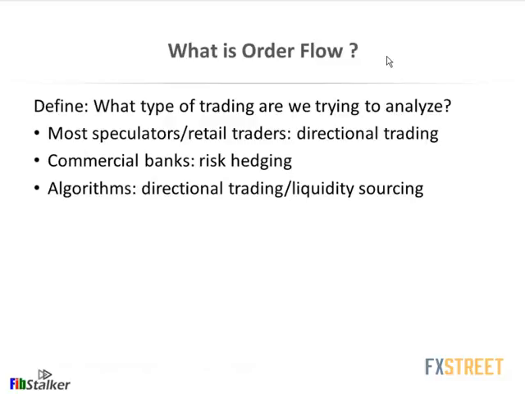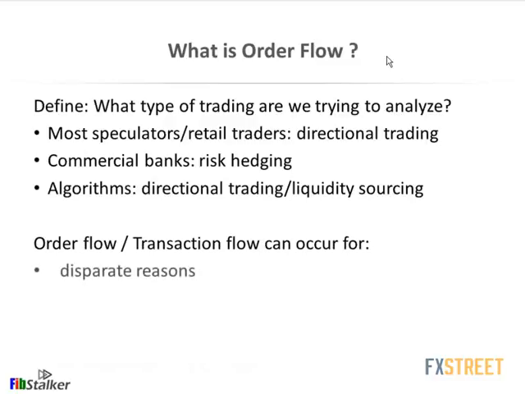And there are a lot of very short-term type of algorithms, like ETF, which mainly do liquidity sourcing. Liquidity sourcing is also needed by institutions to execute large orders. So an order flow is really a flow of transactions, and it can occur for disparate reasons, as I just showed you.